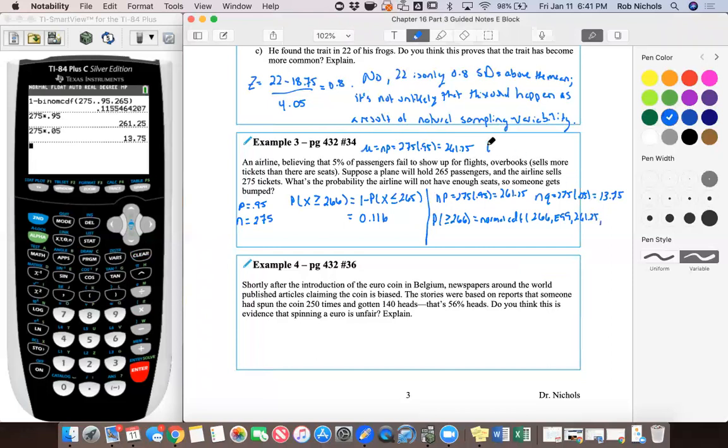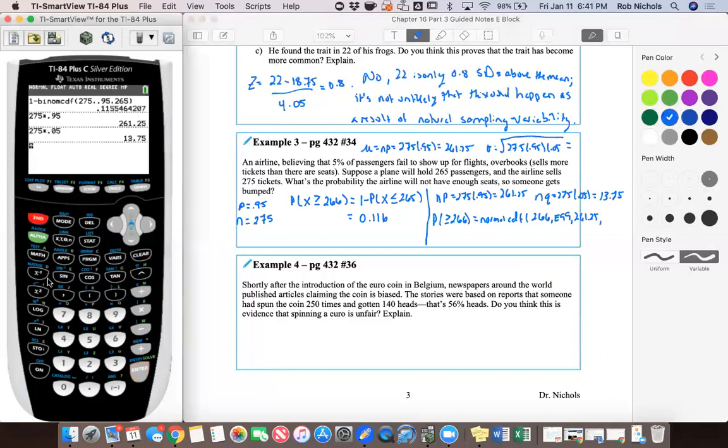And our standard deviation, which is the square root of 275 times 0.95 times 0.05. So let's do that one. Square root of 275 times 0.95 times 0.05. And I get a standard deviation of about 3.61.